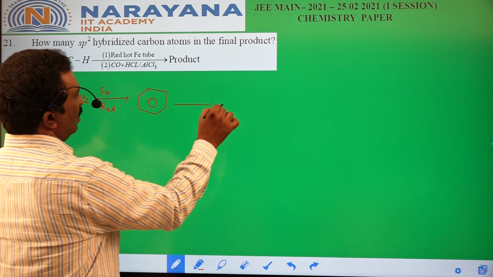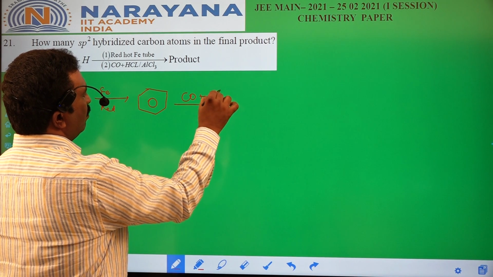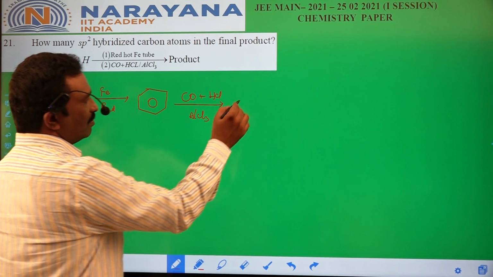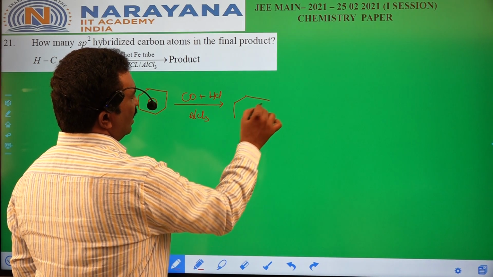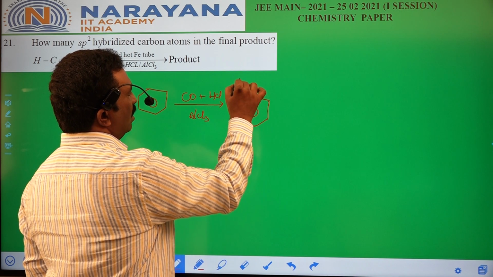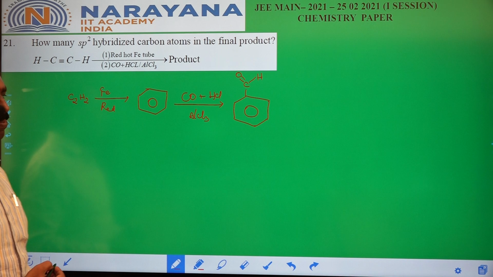After that, the reaction with CO and HCl in presence of AlCl3, this is Gattermann's formylation process, where we get an aldehyde, that is benzaldehyde.